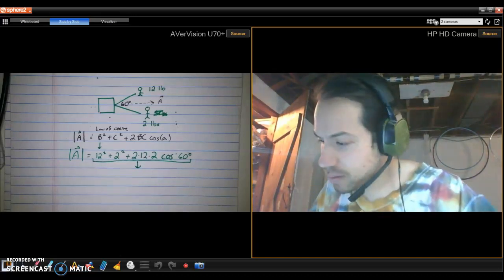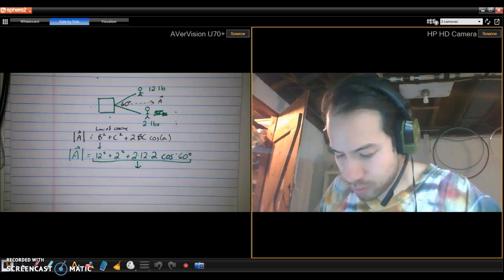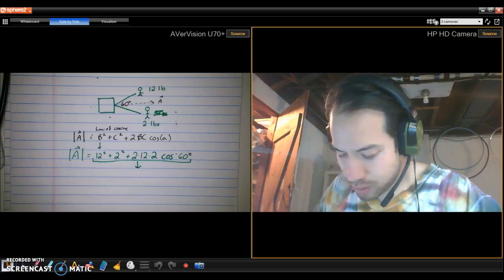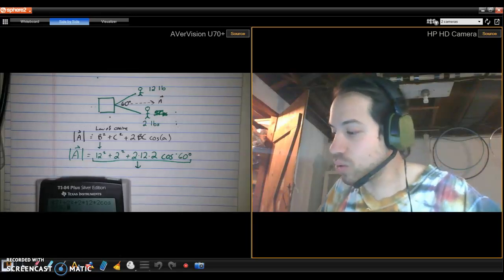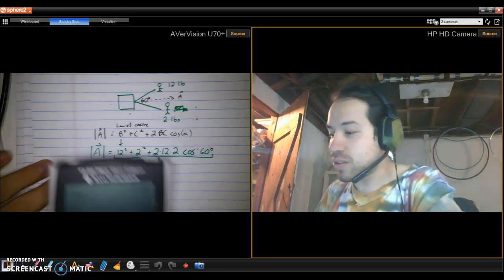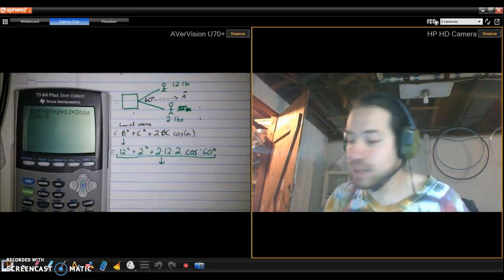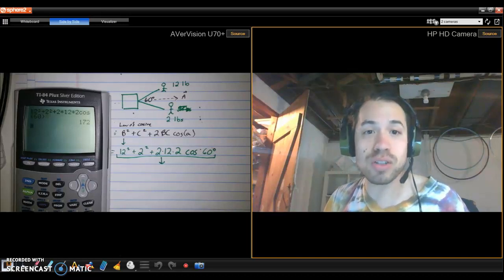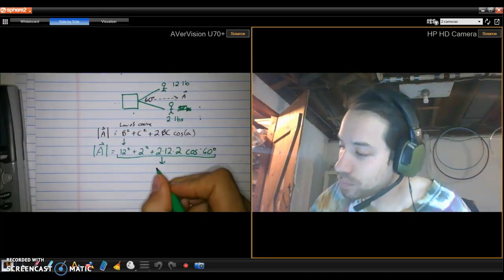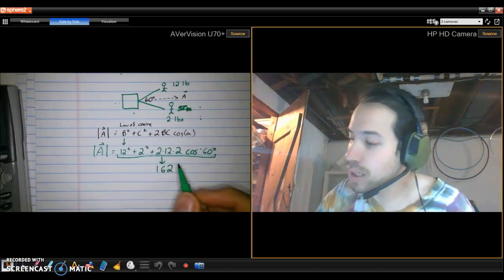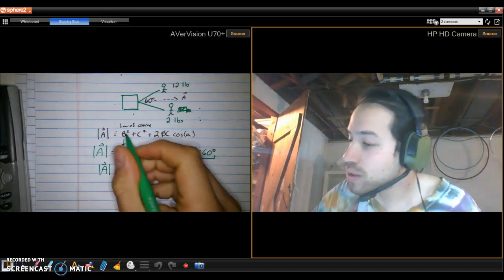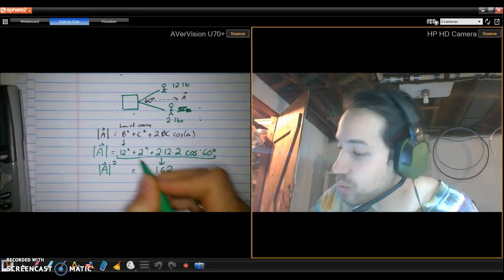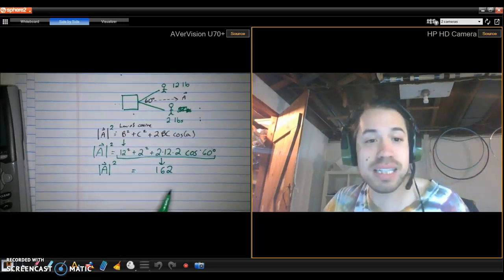So we can look at 12 squared plus 2 squared plus 2 times 12 times 2 cosine of 60. Make sure we are in degree mode. Notice we got that plugged in, and we get 172, not 162. Now, I shouldn't have said it's exactly the law of cosines, because remember, in the law of cosines, a squared is equal to these values.